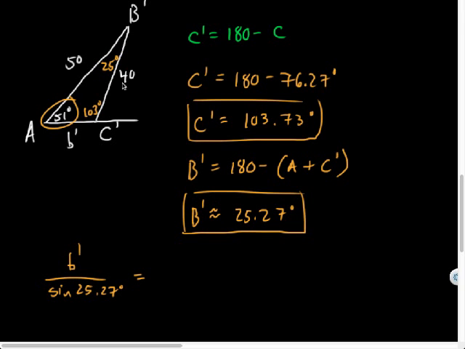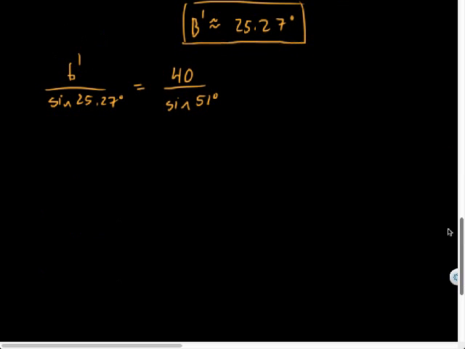And notice, I just want to point out my given information stayed the same, right? Big A, little c are all still the same for this triangle. So I didn't make up a new triangle on my own. This is literally another possible triangle that would have formed. So this is still the same value: 40 over sine of 51 degrees.